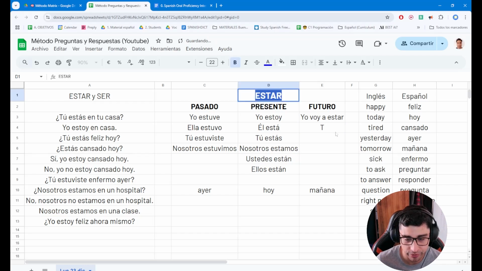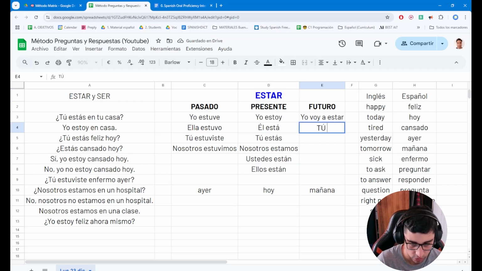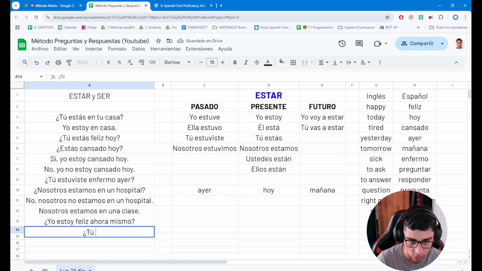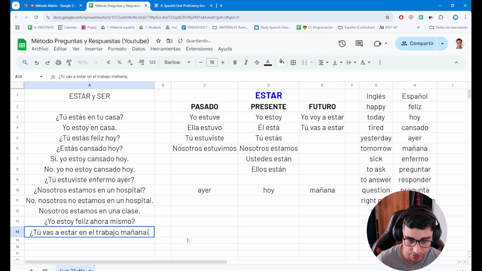Try to think you are going to be. Using estar, of course. You would say, tú vas a estar. Okay? So I could ask you, tú vas a estar en el trabajo. Trabajo means work. Okay. Mañana, for instance, I could ask you this. Are you going to be at work tomorrow, basically?